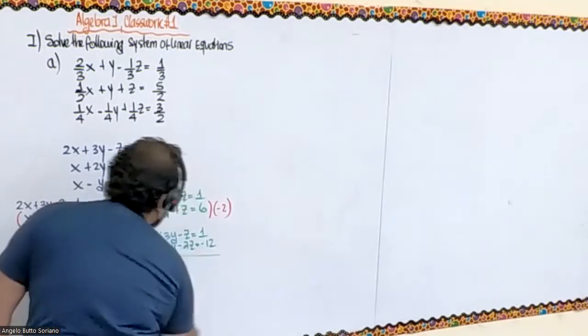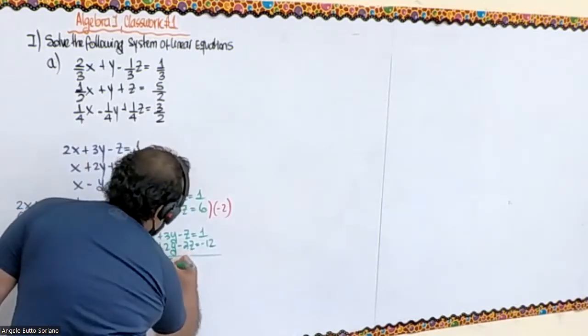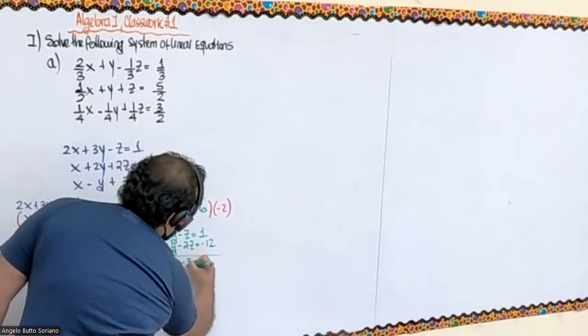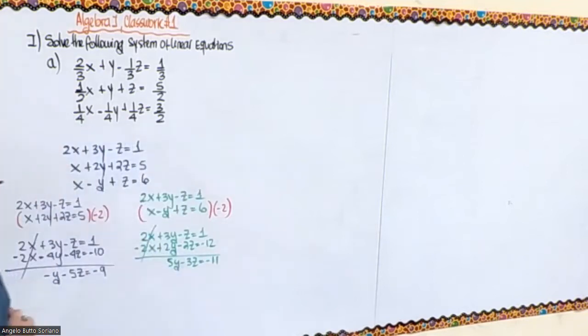What will be the result? We can cancel 2x with minus 2x. We have 5y minus 3c equals negative 11. If you see, we have reorganized.